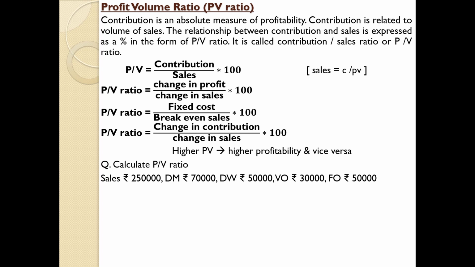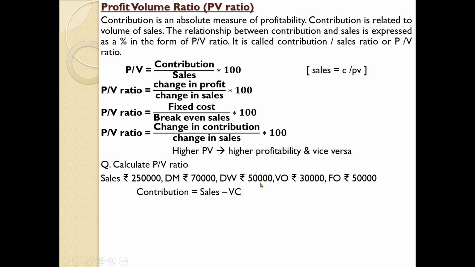So how are we going to find the PV ratio? There are some equations for finding the PV ratio. Since there is not much complication in the details given, you can go with the first equation, contribution by sales. If you go through the question, there is no information regarding contribution, but you can easily find the amount of contribution. Contribution is sales minus variable cost.